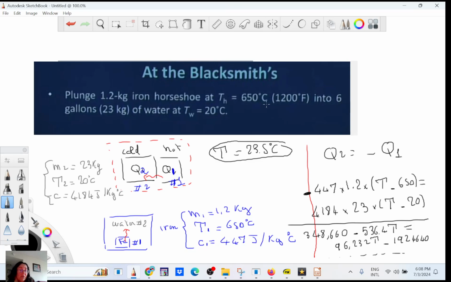It went from 650 to 23. So it means that water has a very large thermal inertia. You need to feed water a lot of heat to change its temperature, even though the mass of the water was 23 kilograms and the mass of the iron was 1.2 kilograms.